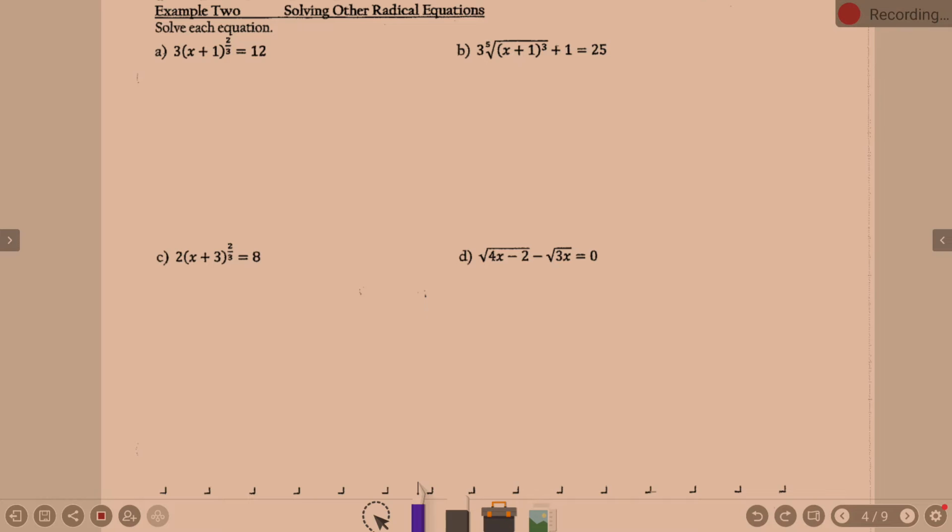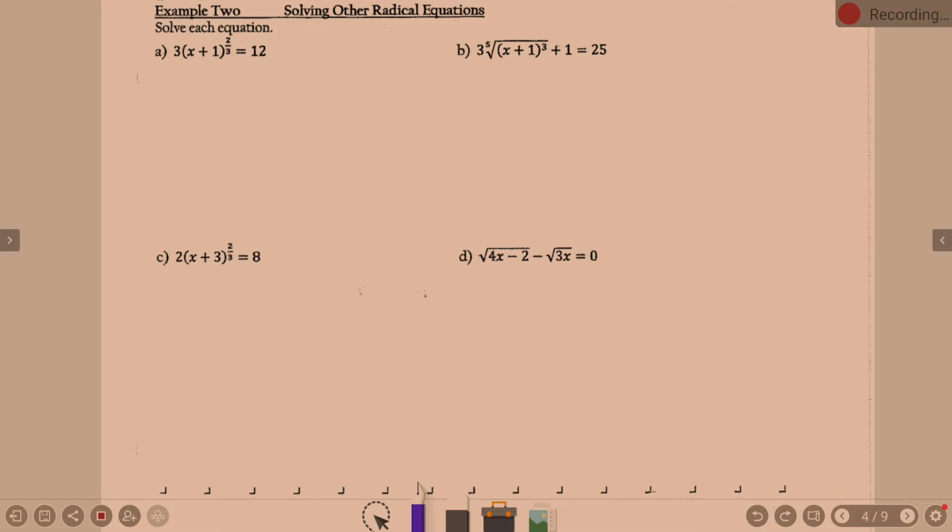Now, there's 2 ways I could teach this. I could change that to a radical, and that is one option. The other option, because we talked about raising things to powers, and what I'm going to teach on this one, is we're going to worry about trying to get rid of that 2/3 power. Now, before I do that, the same idea of isolate the radical.